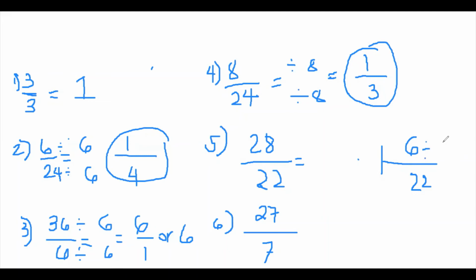I think we can still divide it by the number 2. 6 divided by 2, we'll put it here because we don't have enough space over there, is 3, and 22 divided by 2 is 11. So we have 3 over 11. That is our simplest form of this fraction.